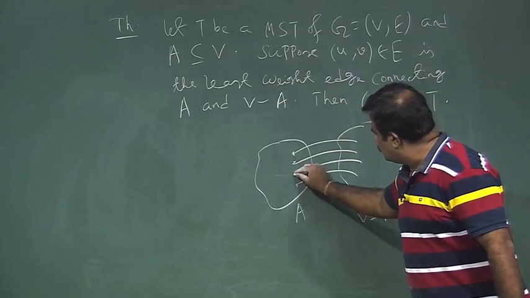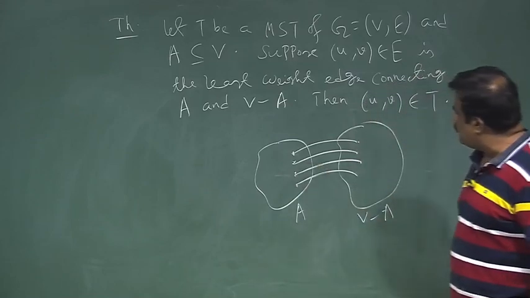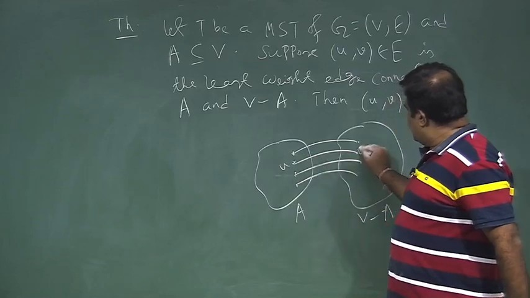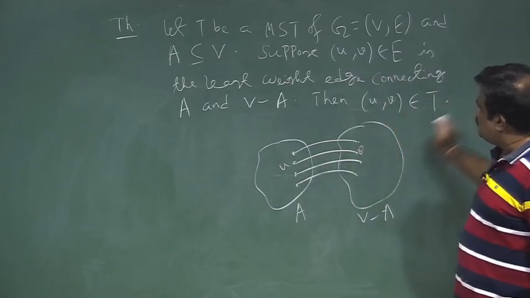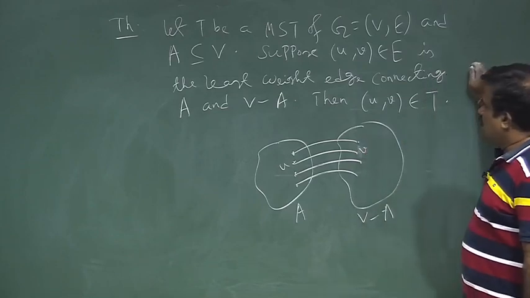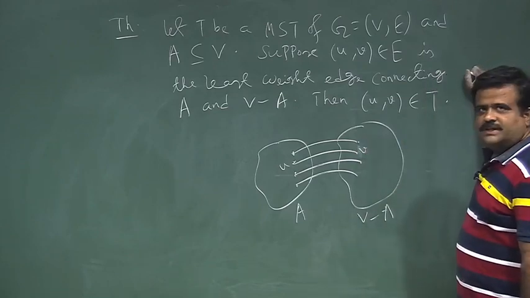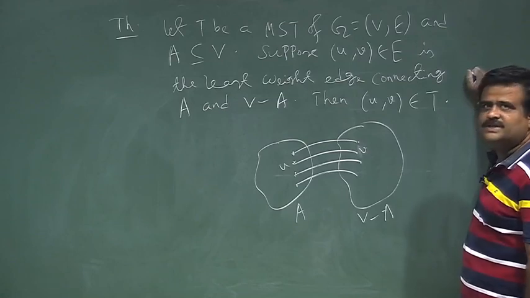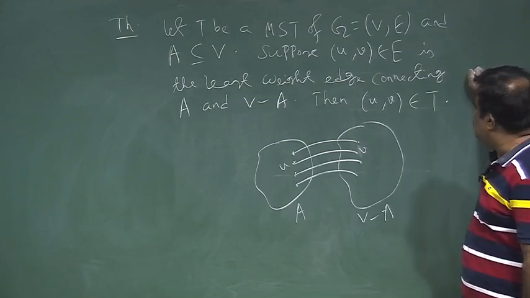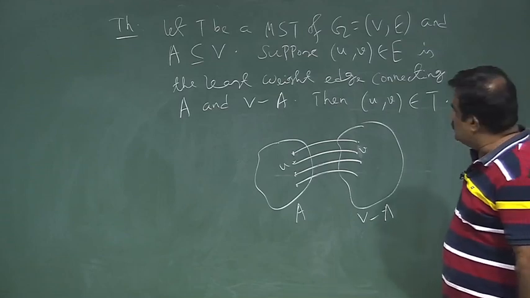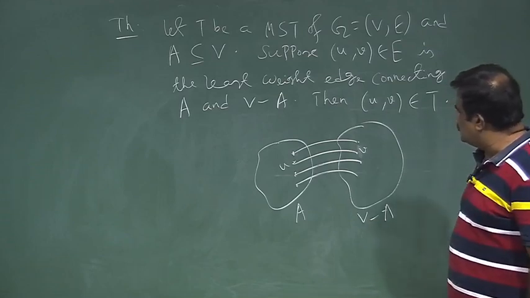Among these bridge edges, suppose this edge UV is the minimum among all of them. Then this theorem says UV must be in the minimum spanning tree, and we have to prove this theorem, but before that let us understand it.